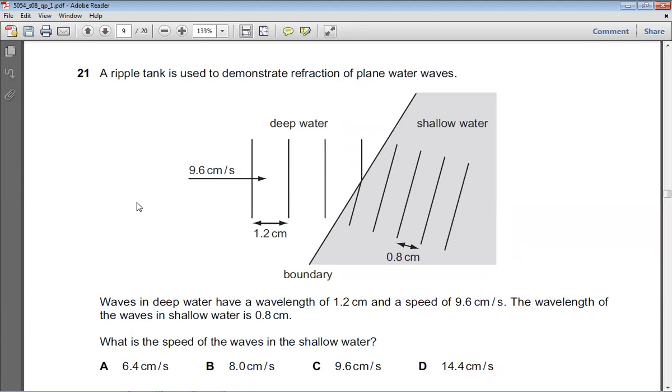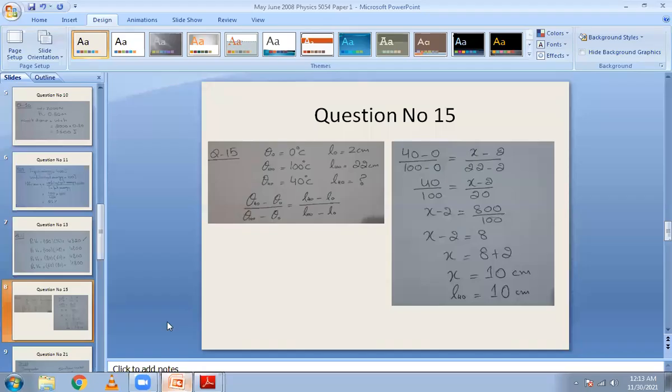What is the speed of the waves in the shallow water? So that is the question. Here you know the speed, here you know the wavelength. I can find out the frequency here. Whatever the frequency is here, the same will be the frequency in the shallow water, and I know the wavelength there. If I know the frequency, I can find the speed in the shallow water. Okay, let me show you how I've done this.